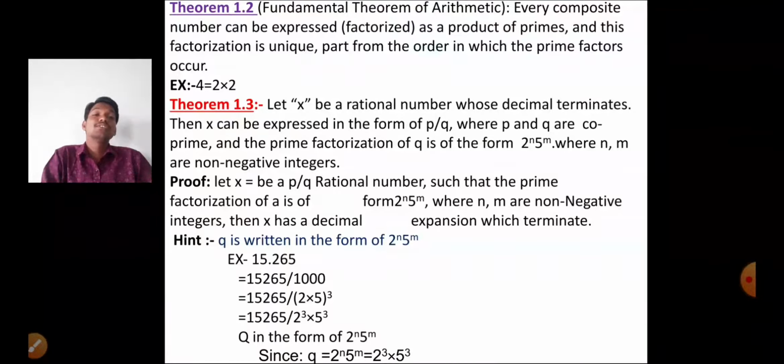So 15265 by 2 cube into 5 cube. So what is given here? The q is written as 2 to the power of n, 5 to the power of m. So q in the form of 2 to the power of n, 5 to the power of m equals 2 cube into 5 cube.